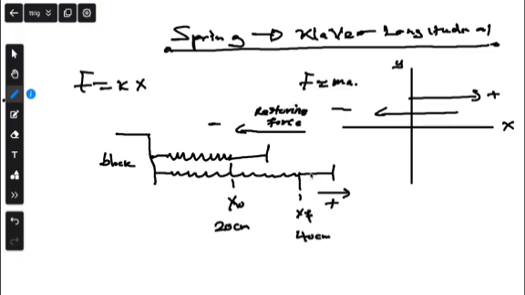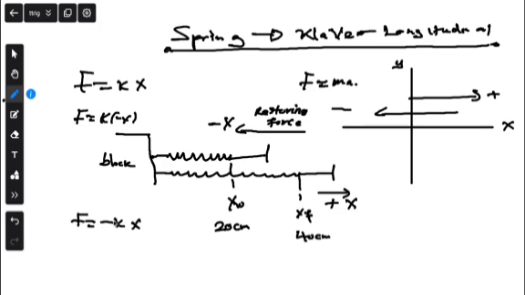So extension here is negative, and here extension is positive when you go in this direction. So what is going to be the formula for the restoring force? Therefore the restoring force is going to be equal to K times negative X. So we are going to have a force which is equal to negative Kx. That is where this negative is coming from.